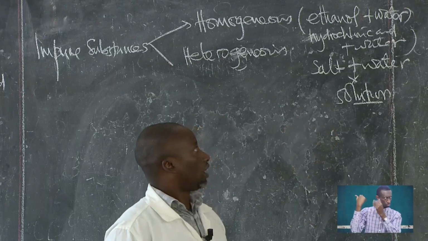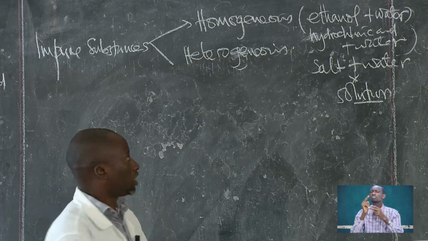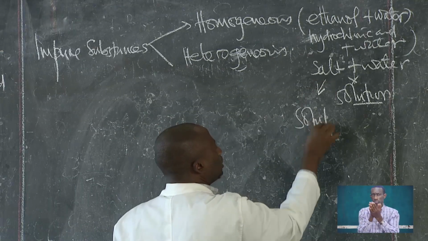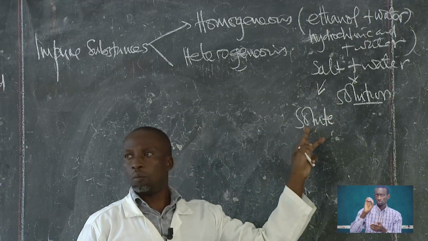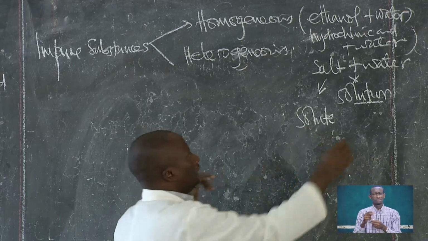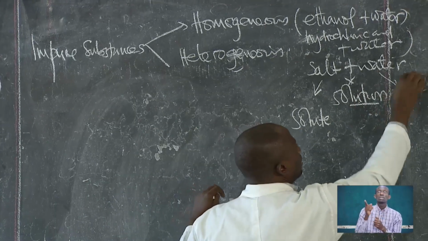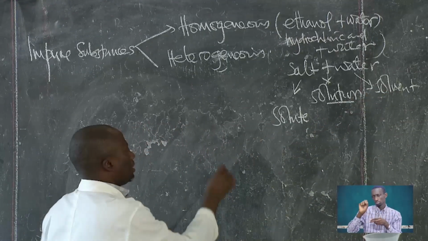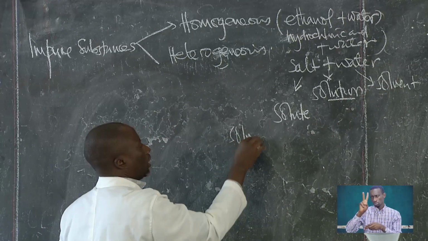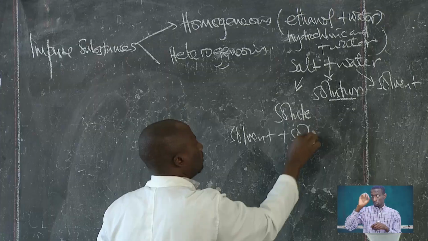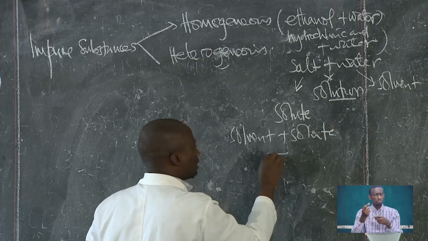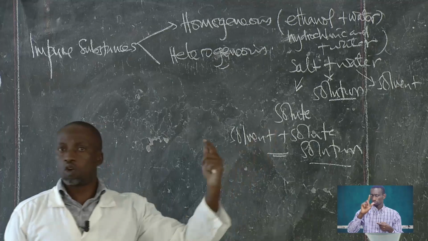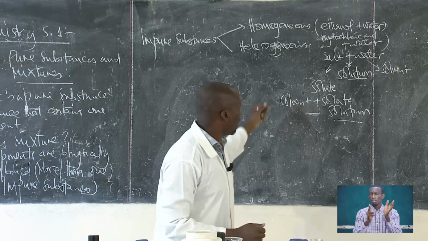In this case, the salt will be the solute. This is very common, even from the primary. And this water is a solvent. So the solvent plus the solute makes a solution.